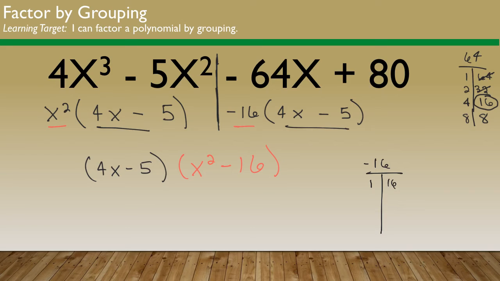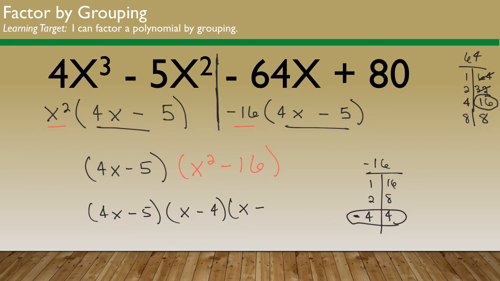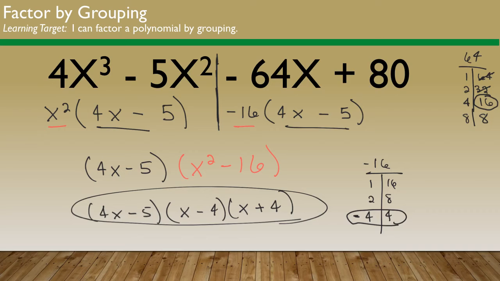So 1 and 16, 2 and 8, 4 and 4. I can make 0 with negative 4 and positive 4. So my factors would be 4x minus 5, and then x minus 4, and x plus 4. And that's as far as we can go. I cannot break these things down anymore.